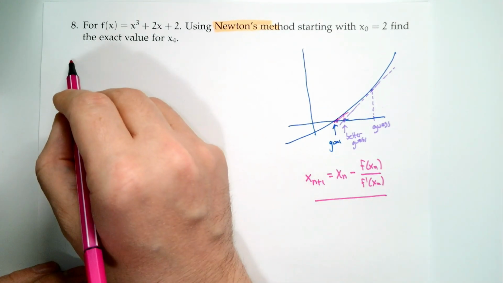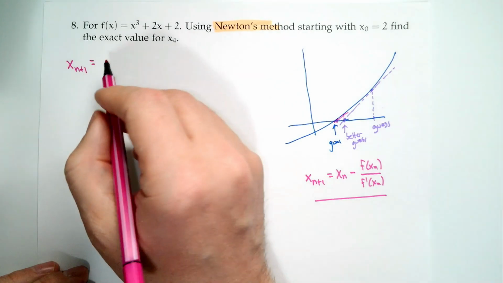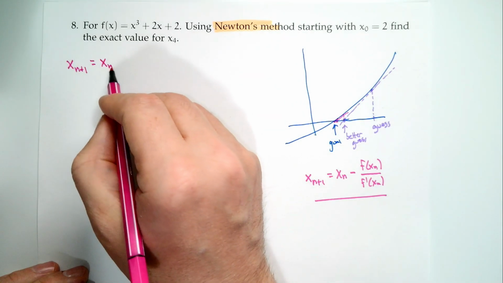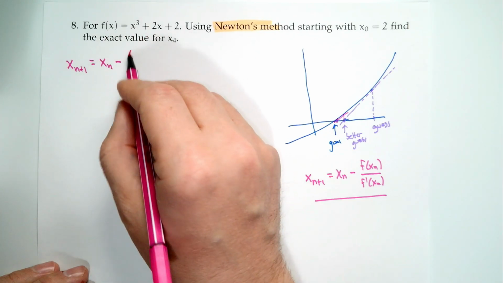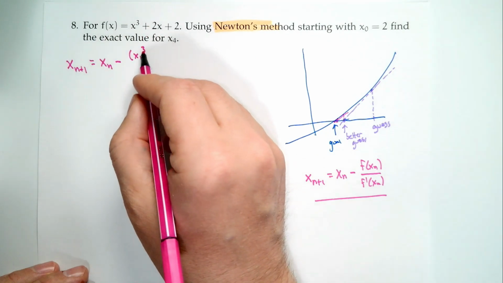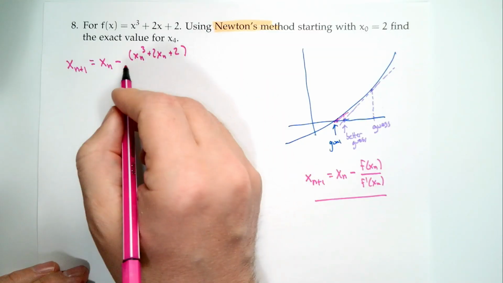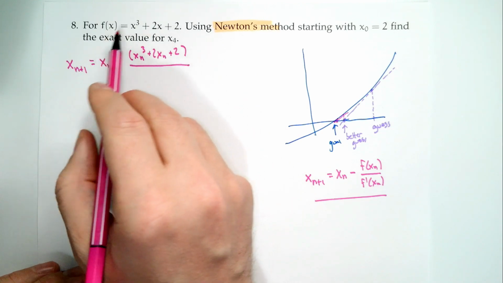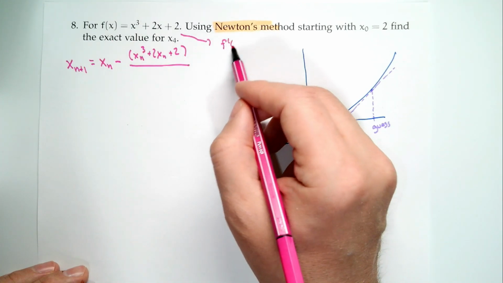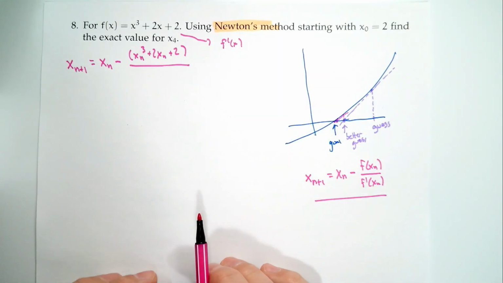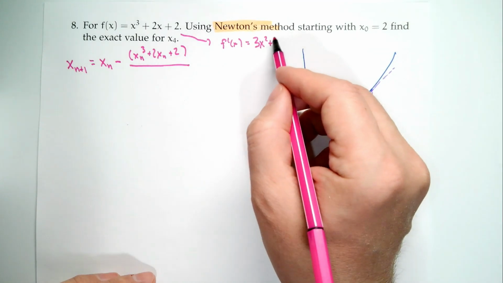So let's do it for our case. So x n plus 1, to make our next guess, we take our current guess, subtract our function here, which would be xn cubed plus 2xn plus 2, divided by, now what is f prime of x? Oh, we probably should have written that down. Well, we have time to do it now. f prime of x would be 3x squared plus 2.